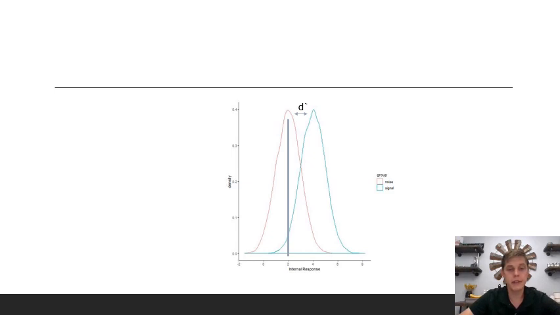So by moving this criterion off to the left, making us a more liberal dog, our miss area becomes this big, which is a very small area, but our false alarm distribution is all of this area.